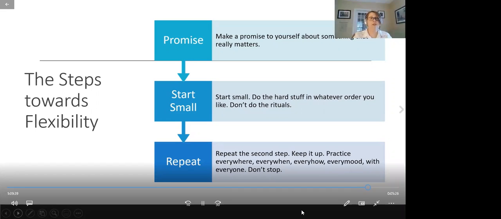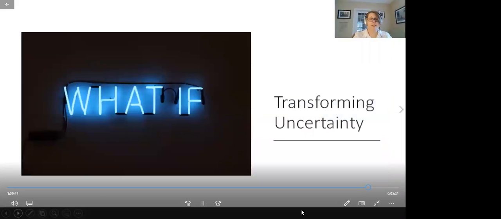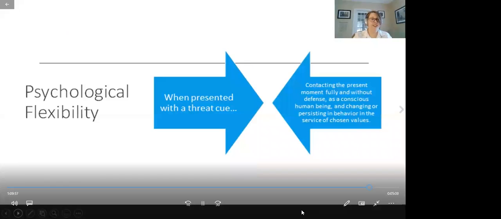And in every context, even internal context. And so this helps us transform that what if of uncertainty, right? From something scary to something that's filled with awe. And that's really cool, right? So here's our psychological flexibility slide.